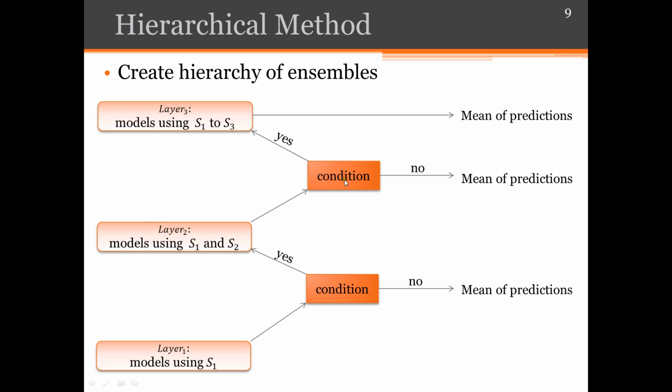Again, based on some conditions, we're deciding if we need a more accurate ensemble or not. If not, the mean of the prediction is going to be accepted. Otherwise, we're going to use ensemble 3, which has all the 3 sensors available to it, and then accept the prediction of that ensemble. So what should these conditions be?